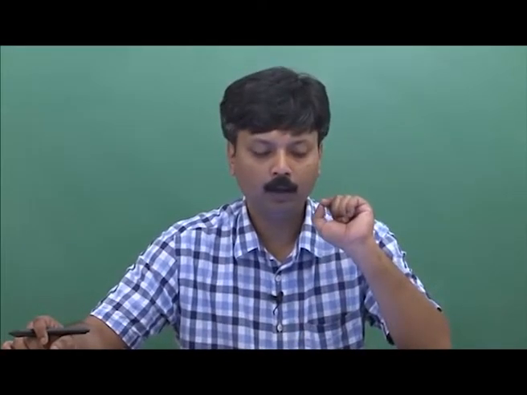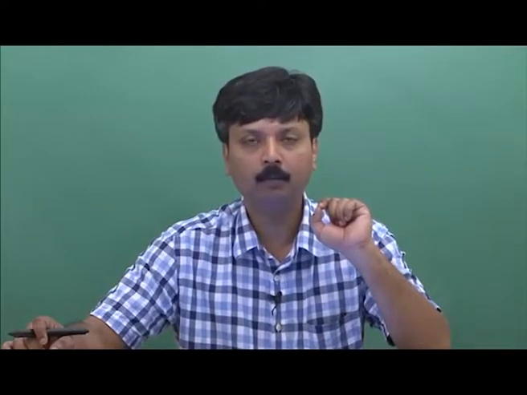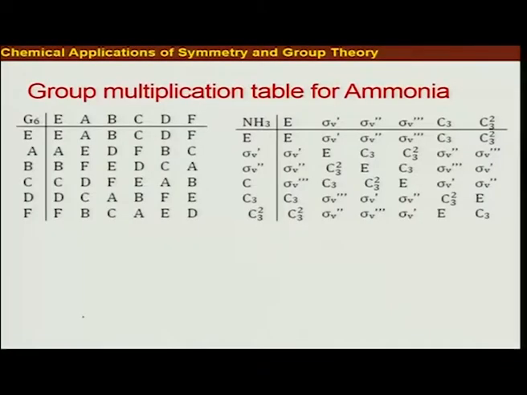So in the context of the group multiplication table, we write down the symmetry operations for a particular group on the top as well as on the left side, and then we fill up the rows and columns to get the group multiplication table.